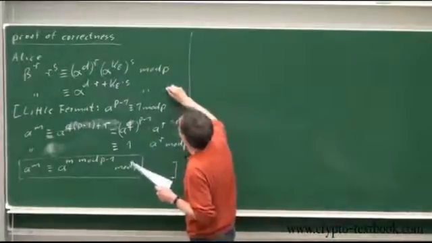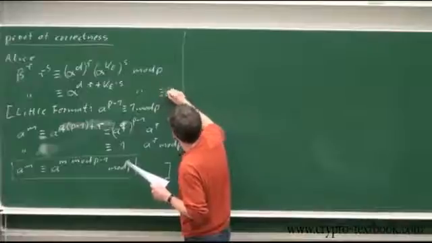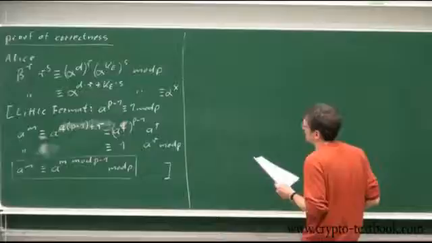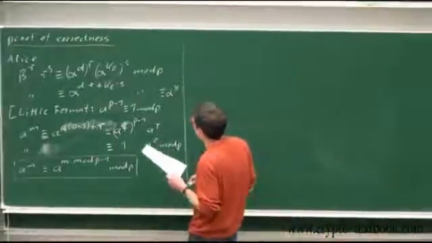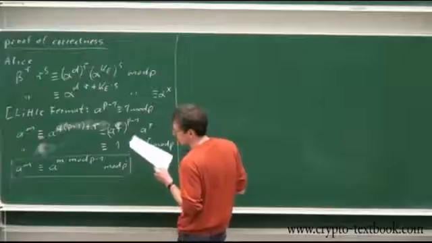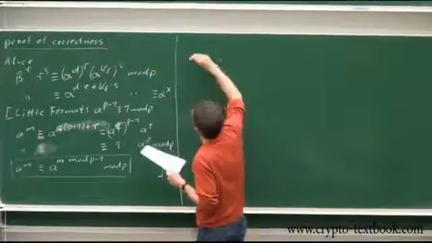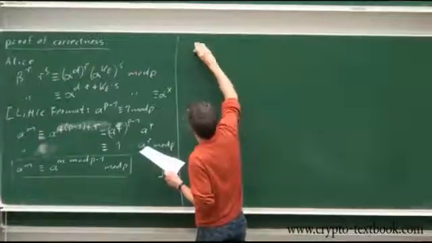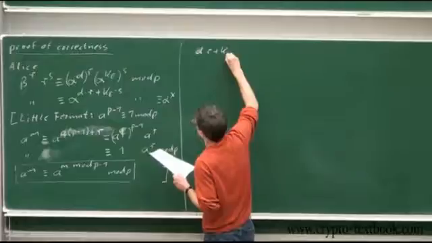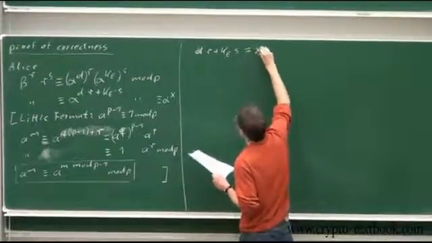So maybe introduce here, we have to show that this is equal to alpha to the x. Yeah, we call that x, that's fine. So from this it follows that d times r plus ke times s is identical to x.